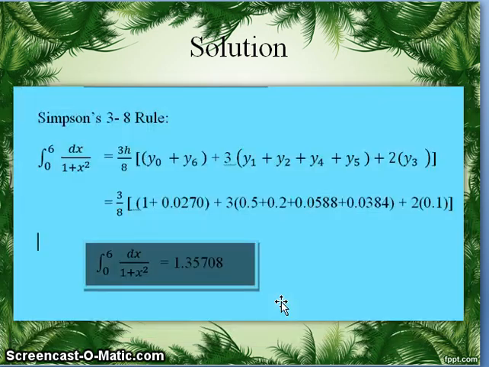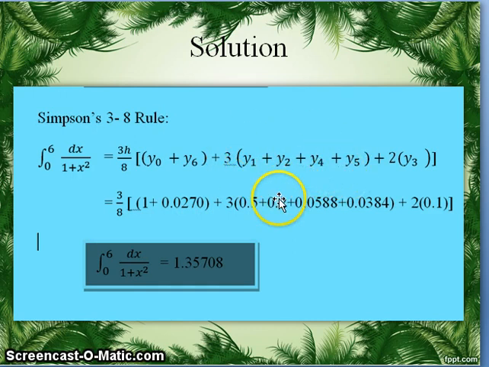So now you got trapezoidal rule value and Simpson's 1/3 value. After that, when we are going for the Simpson's 3/8 rule, you want to substitute the corresponding tabular values in the formula. So the formula will become 3h by 8 times y0 plus y6 plus 3 into y1 plus y2 plus y4 plus y5 plus 2 into y3. When you substitute the y0 value and y6 value, you will get 1 plus 0.0270 plus 3 into y1 value, y2 value, y4 value, y5 value.